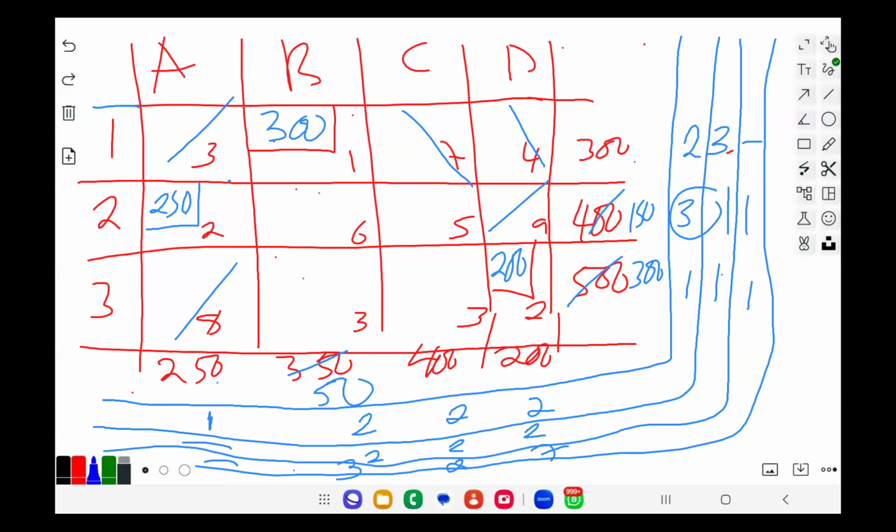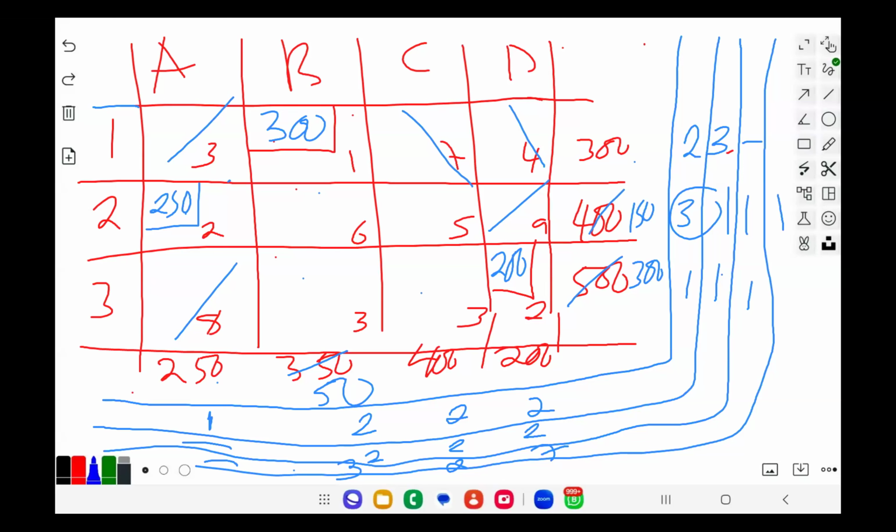And we have still remained with another one. We need to do another set of iterations. So the rows that are still pending: row 1, the difference is 1, right?